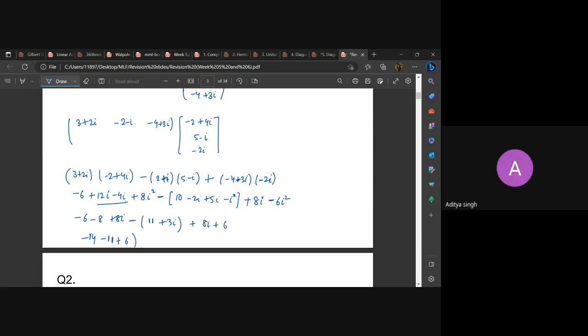Ma'am, from where did you get minus 6i square? This is from minus 2i times 3i. So minus 6i square. Got it. This is fine. Now you have 8i plus 3i.